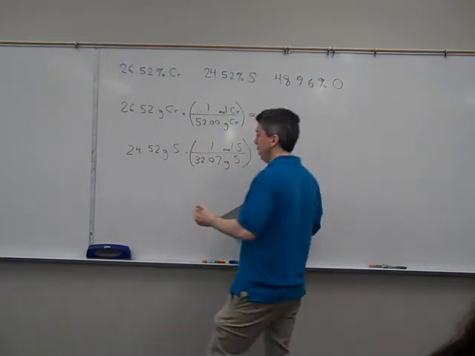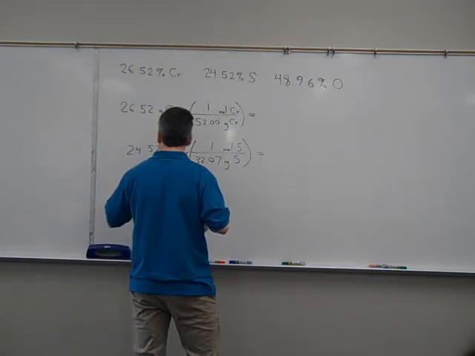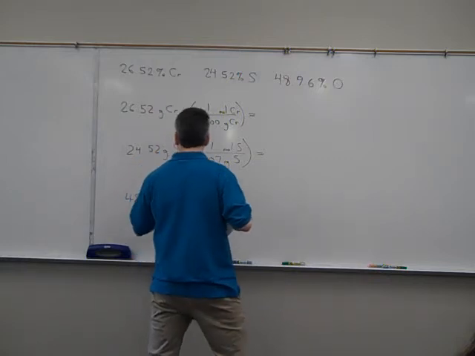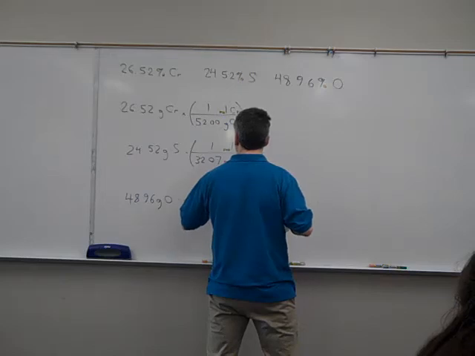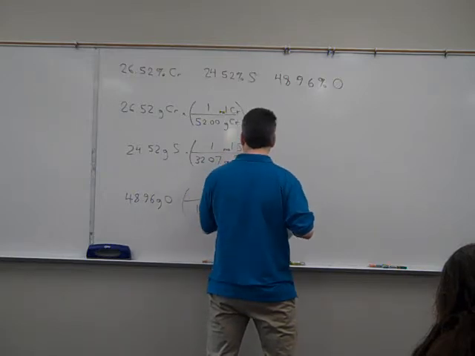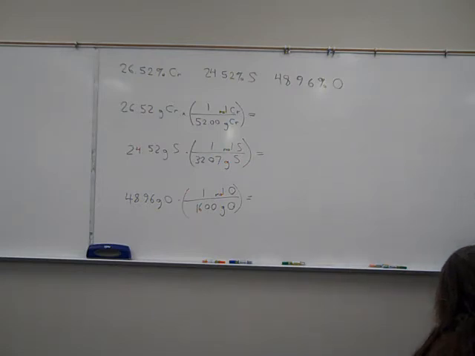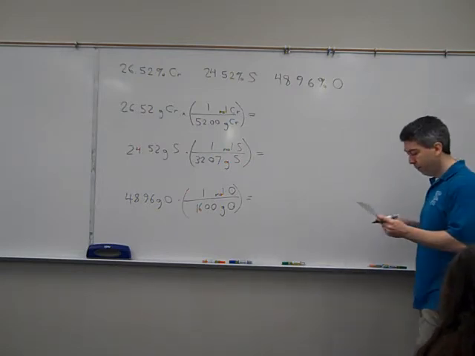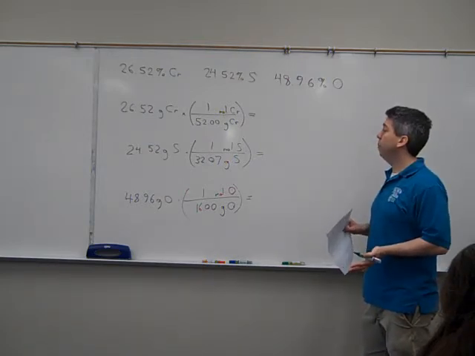And then I'm going to do the same thing with oxygen: 48.96 grams of oxygen, and I'll convert grams of oxygen to moles of oxygen. 1 mole of oxygen, 16 grams of oxygen. So now, we simply calculate the number of moles of each type.